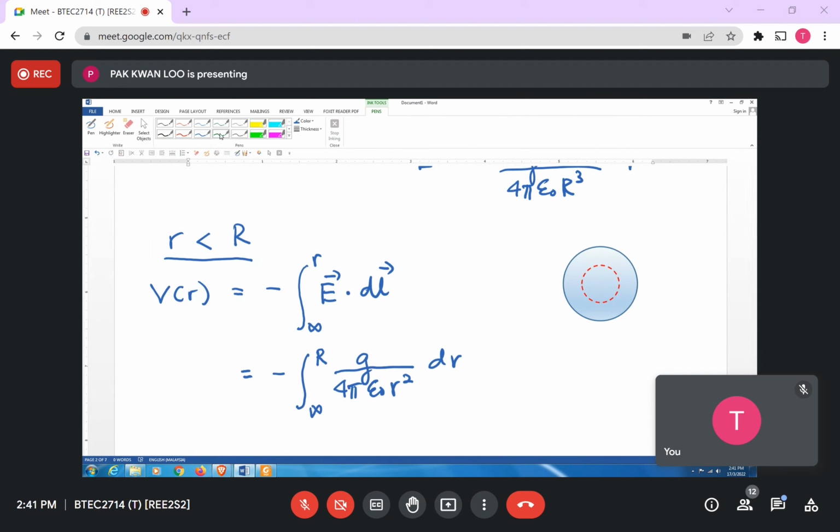Assuming that we bring a point charge, let's say Q prime, from infinity to inside here, what is the work done of bringing this point charge?